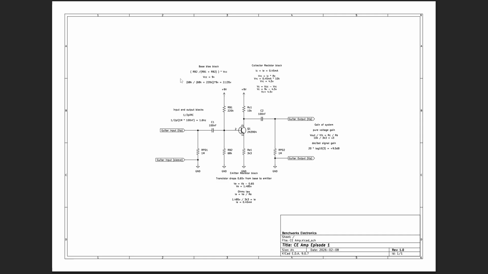So the other little equation we've got at the top here is this base biasing block, which is a relationship that tells you how much of this input voltage here, this 9 volts, is going to make it through to this point at pin 2 on the transistor. So if we do the math, we take RB2, which is this 68K seen here, and we divide it by the sum of both of them, and then times the 9 volt by that result, and we get 2.135 volts.